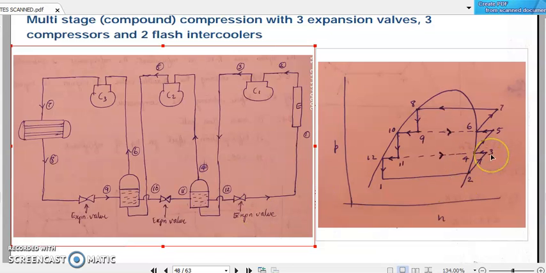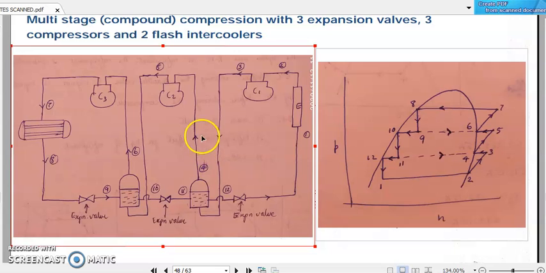As a result, 3 to 4 is an intercooling process, and this intercooling is provided by the flash gas chamber present here.